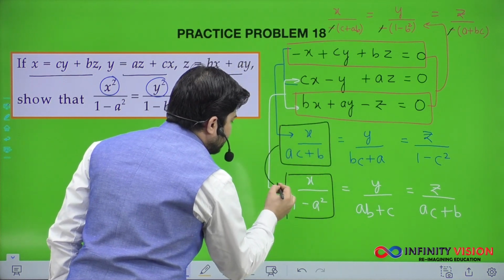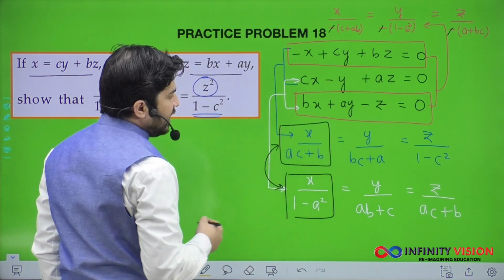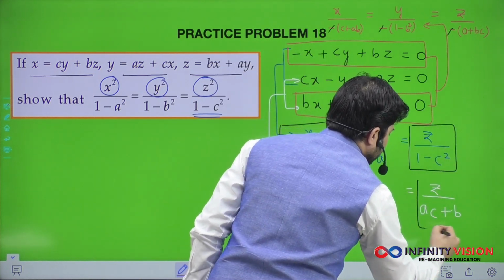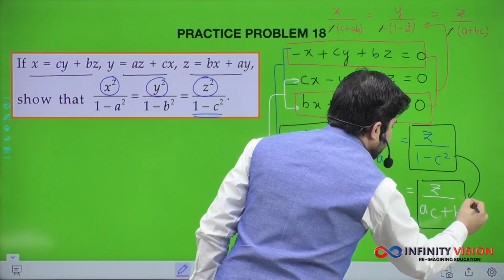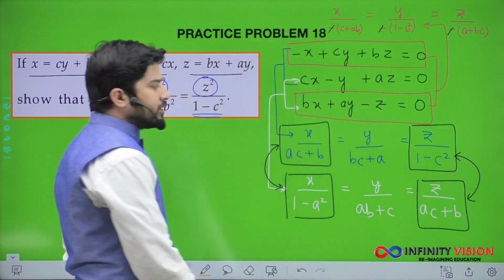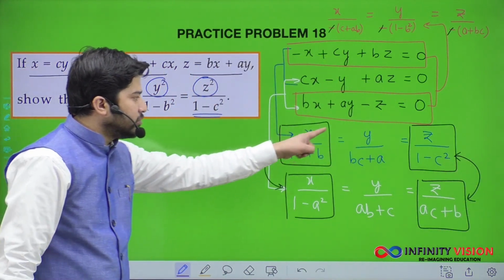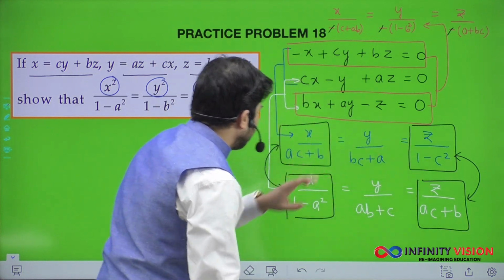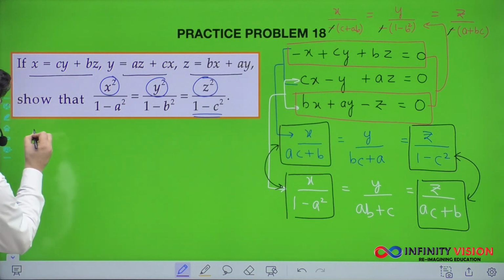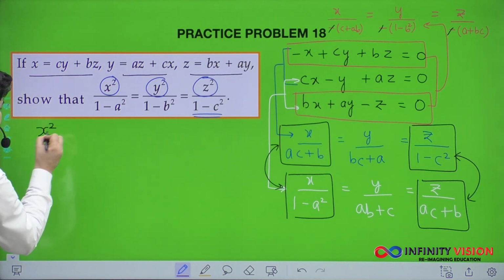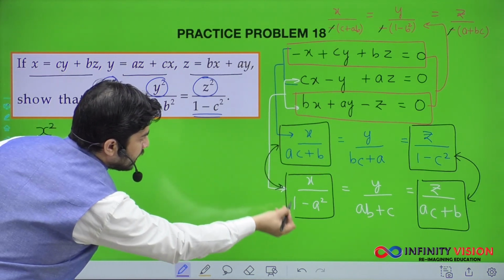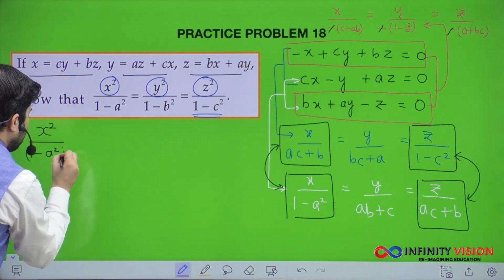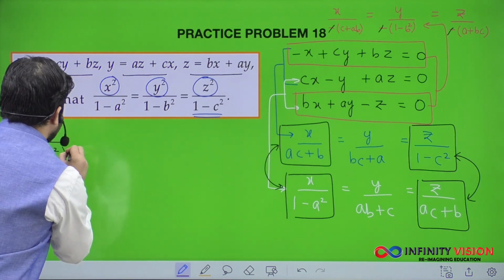So I will simply multiply with these two. So if I multiply these two and then I multiply these two, can I say both of the products are going to be equal? Of course, because this is equal to this and this is equal to this. So what I'll get is x into x, that is x square upon 1 minus a square into ac plus b.